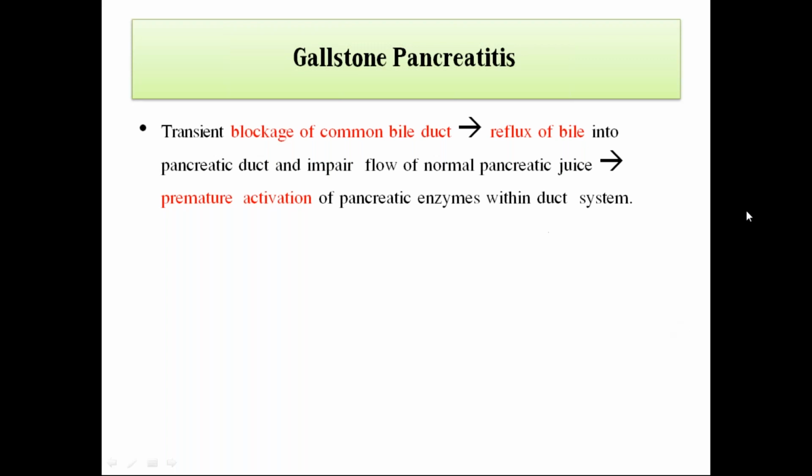Lodging and blockage of the common bile duct or common hepatopancreatic duct secondary to gallstones can lead to a rise in intraductal pressure. Subsequent intraductal hypertension can impair the flow of pancreatic juice, which can lead to stasis, and this stasis of the pancreatic juice calls for premature activation of the pancreatic enzymes.